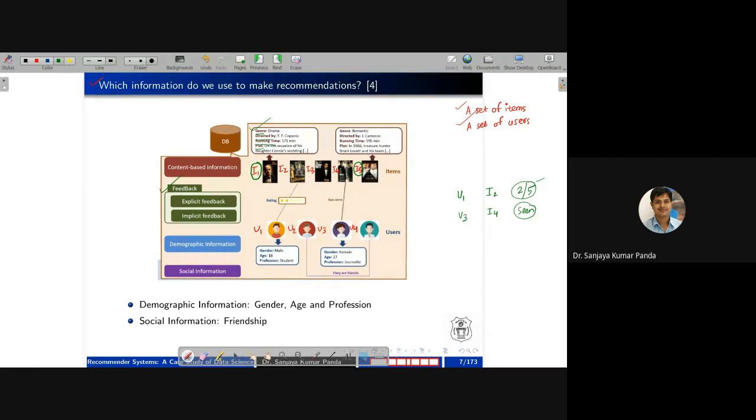When you enter that e-commerce site, they'll ask you whether you want to purchase a male-oriented product or you want to go for a female-oriented product. So that is related to the demographic information. The user is interested in male or female. A male can purchase for female, a female can purchase for male. But you can categorize the sections based on male and female.